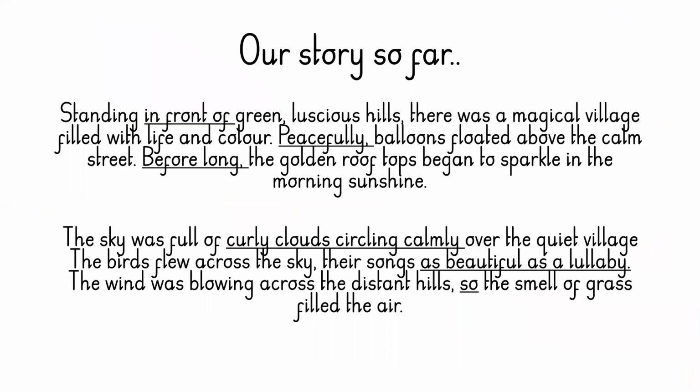Okay, so our story so far. Often when you are writing a story, it is important that you go back and you think about what you've previously written. The way that we do our English lessons sometimes means that we do it a paragraph at a time, and that often leads to us losing something called cohesiveness. That is a big fancy word which basically means how your story links together.